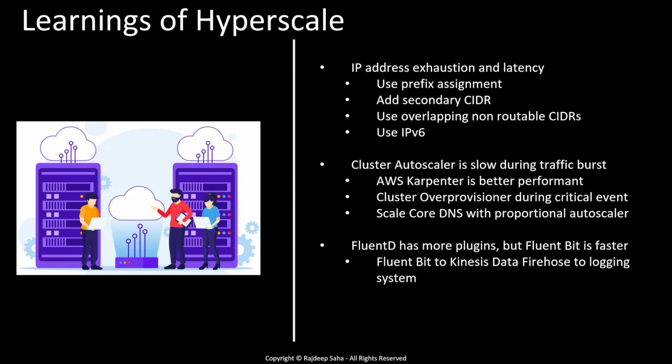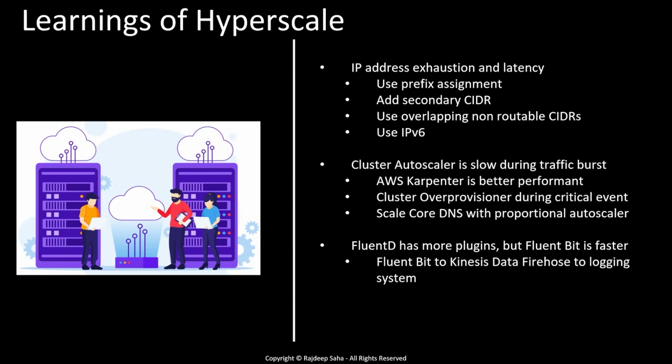Also, remember, during a huge burst of traffic, FluentBit will produce a lot of logs, but your logging backend, maybe Splunk or CloudWatch, may not be able to keep up with this rate of incoming logs. In that case, you can use a streaming service in between.